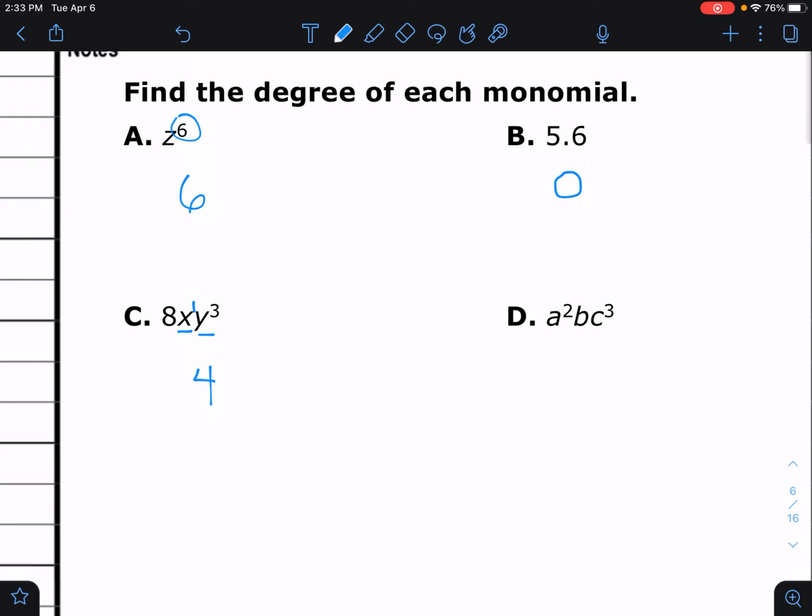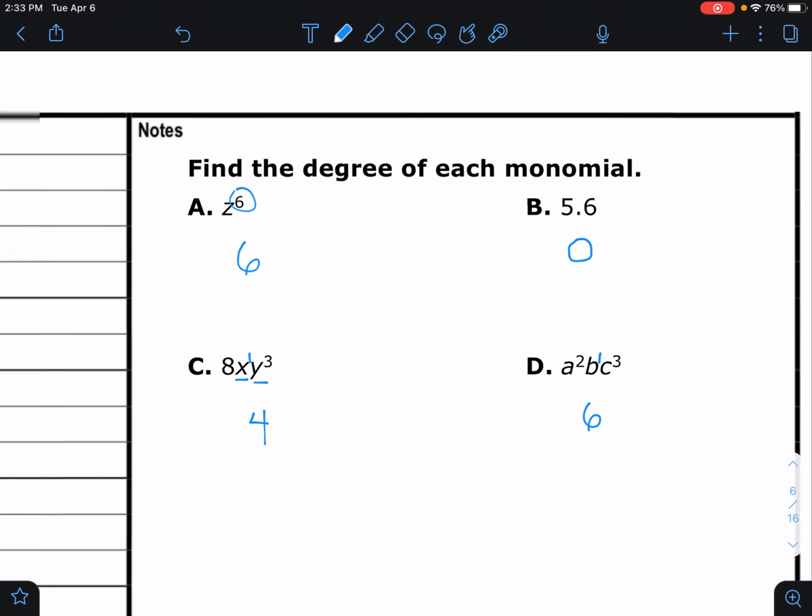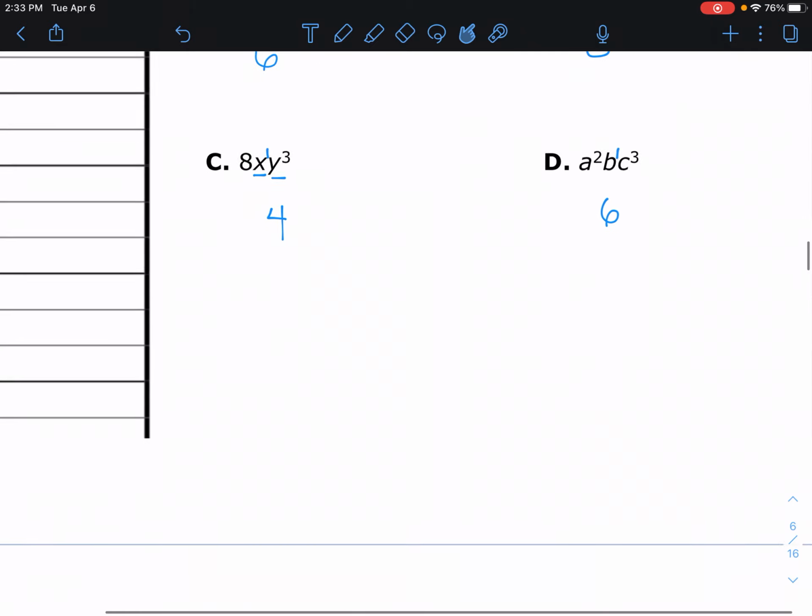So that means here on part D, x squared bc to the third, again, put that 1 in there if you forget, just to make sure. And then you've got 2 plus 1 plus 3, so this would have a degree of 6. That's how you find degrees of monomials. Take your time, be careful. Although if you do that, it's pretty straightforward. Okay.